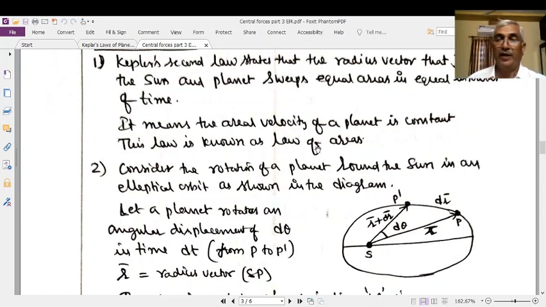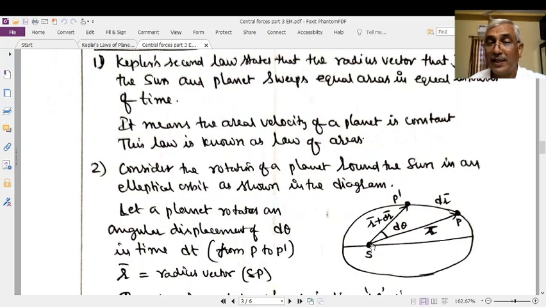When Earth is far away from the sun, this is the location of the sun, generally the month of December will be there. When Earth is very close to the sun, you have the month of May.